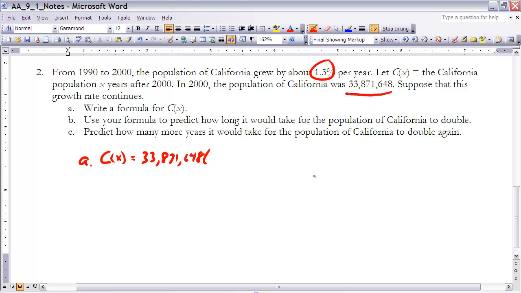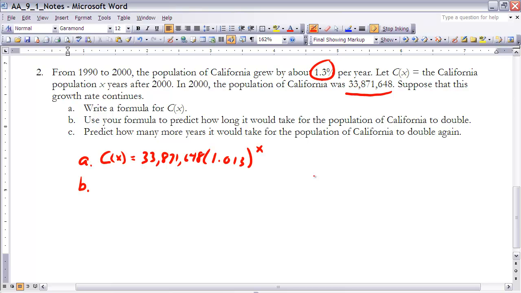If I have a 1.3% growth rate, that's 1.3% more than the 100% that I started with, so that is a growth rate of 1.013. Then we're going to raise that to the x power, x representing the number of years after 2000. So this would be a function that we could use for the population of California.